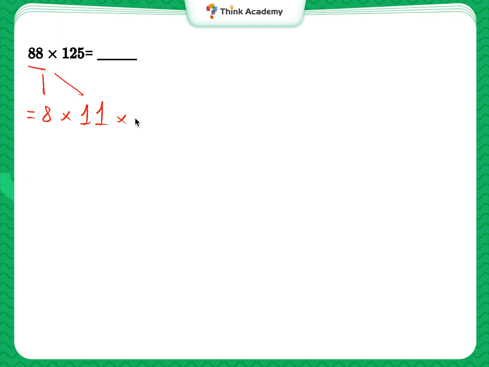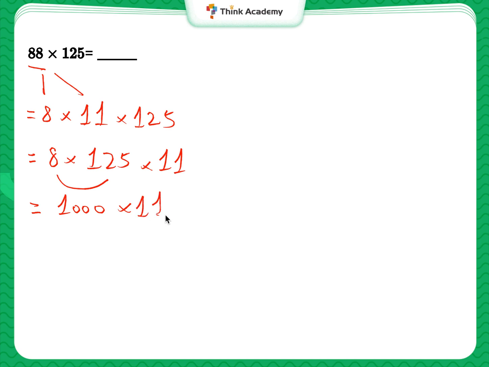And that multiplying 125 would essentially allow us to use the commutative law of multiplication to calculate 8 times 125 first and 11 next. So now I will be able to multiply 8 and 125. That makes 1000. That multiplied by 11 is equal to 11,000. All right, so that's the answer to this question.